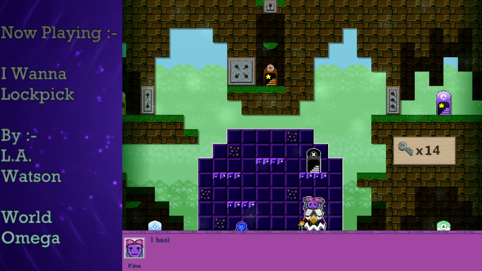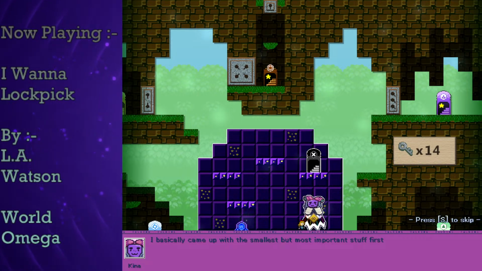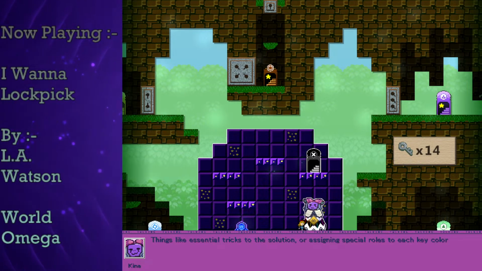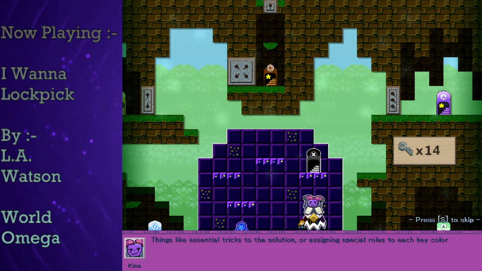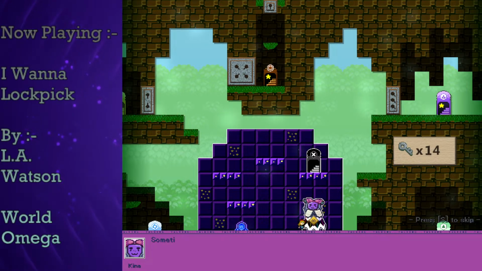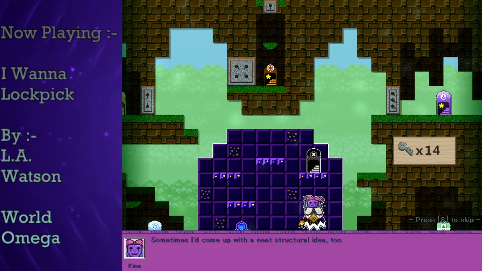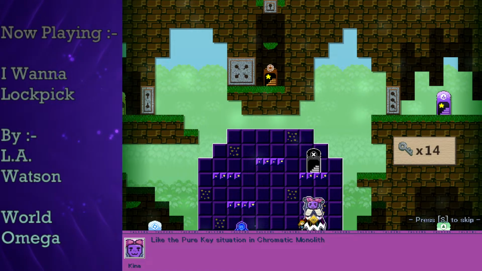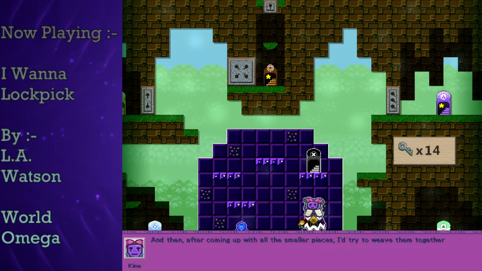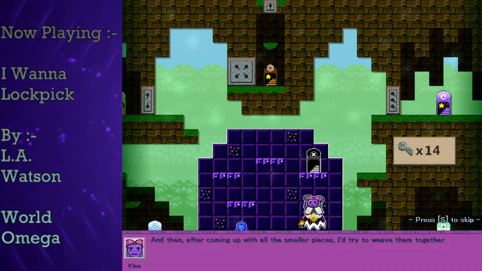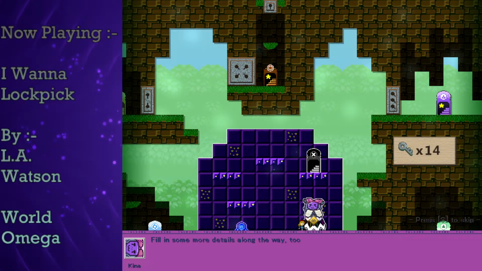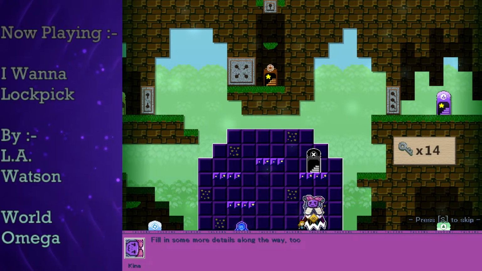Well, to put it briefly, I basically came up with the smallest but most important stuff first. Things like essential tricks to the solution or assigning special rows to each key color. Sometimes I'd come up with a niche structural idea too, like the pure key situation in Chromatic Monolith. And then after coming up with the smaller pieces, I tried to weave them together, fill in some more details along the way too.